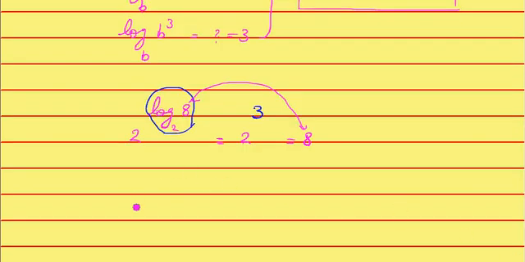Let's try this one more round. Suppose I say, what is 5 raised to the power of logarithm of 25 in base 5? Well, logarithm of 25 in base 5 is a number that if 5 is raised to that, you are going to get 25. And that's exactly what you're doing here.